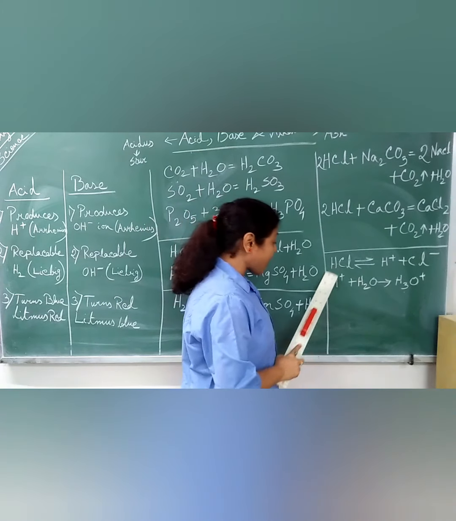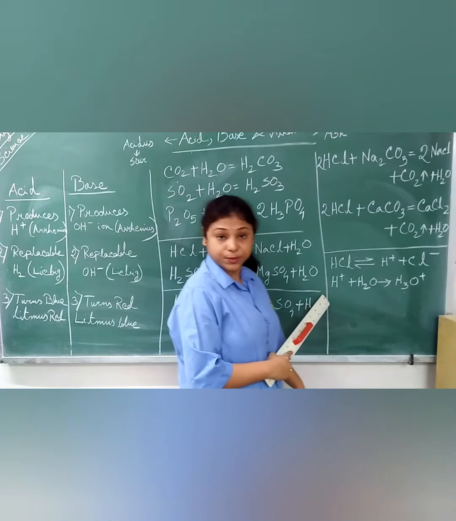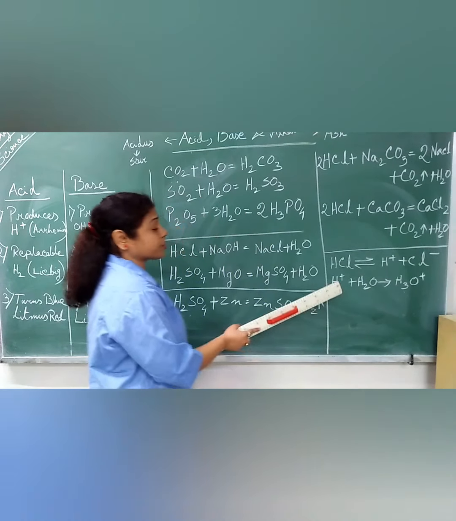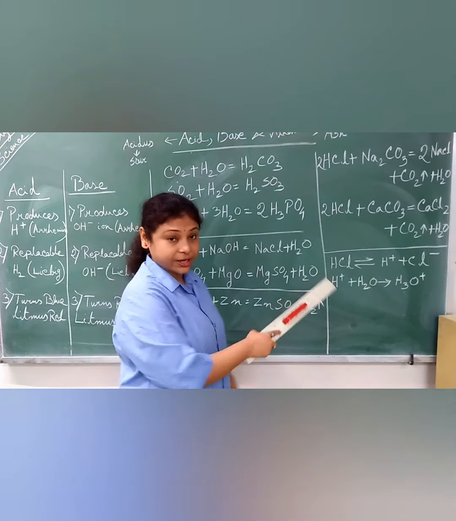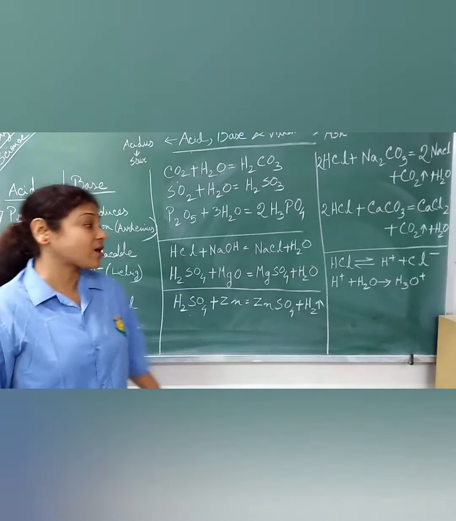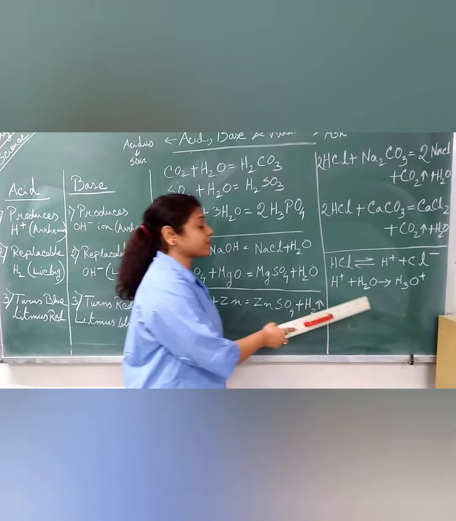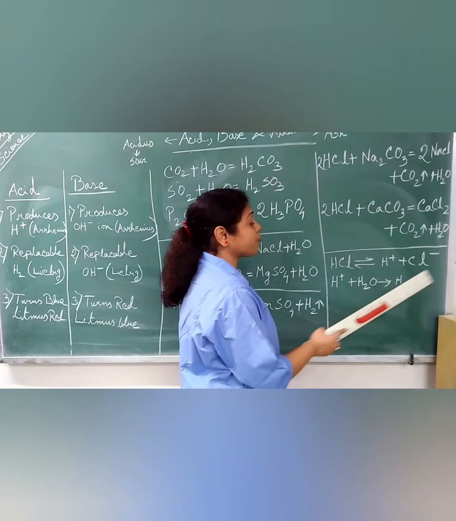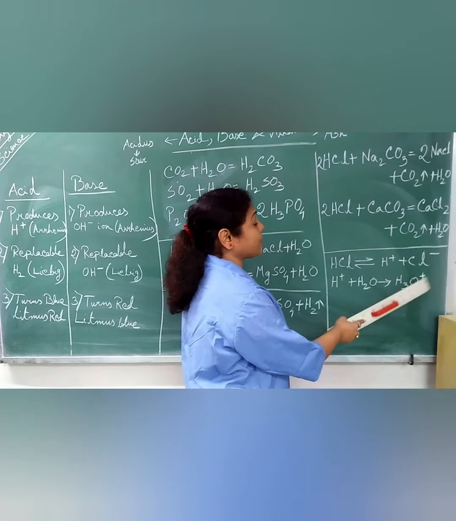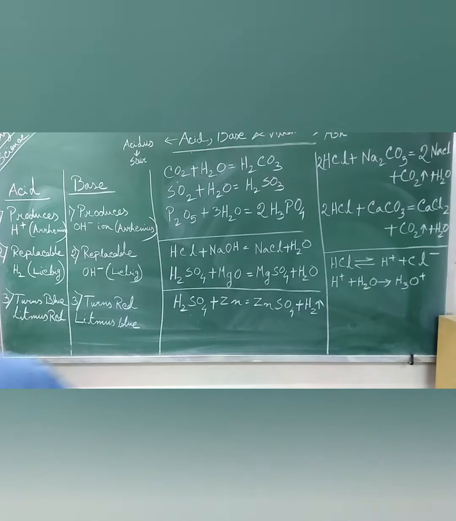So hydrogen ion or proton, because you know proton formula is also H plus, that came from acid, cannot exist in aqueous solution separately. That's why it will react with water molecule to form H3O plus ion or hydronium ion.